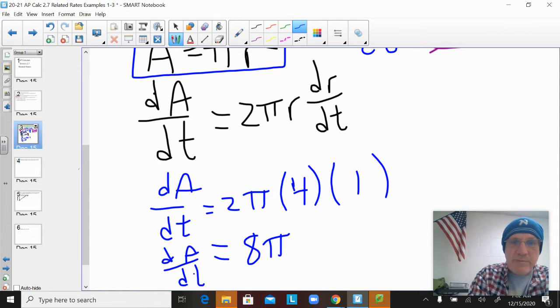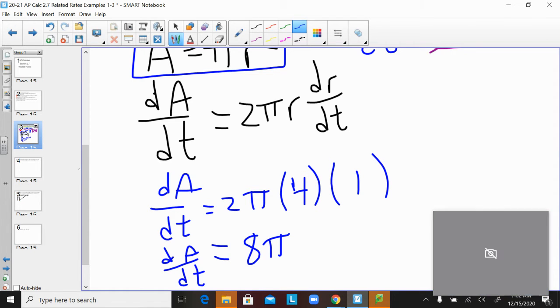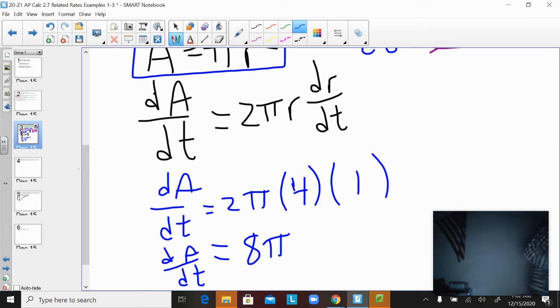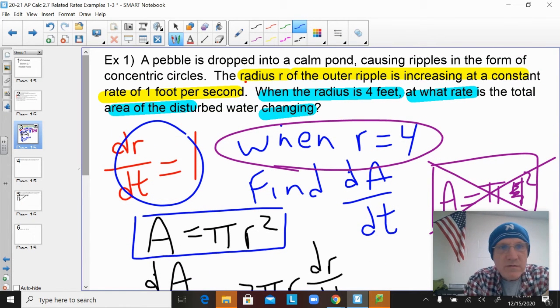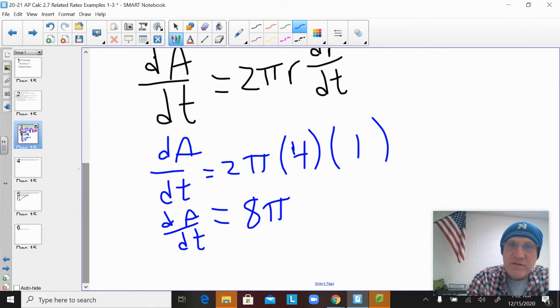And then I'm going to be fairly picky. Make sure you, if needed, give the units. And dA/dt would be a unit of area over a unit of time. Area would be feet squared, so it'd be feet squared per second.